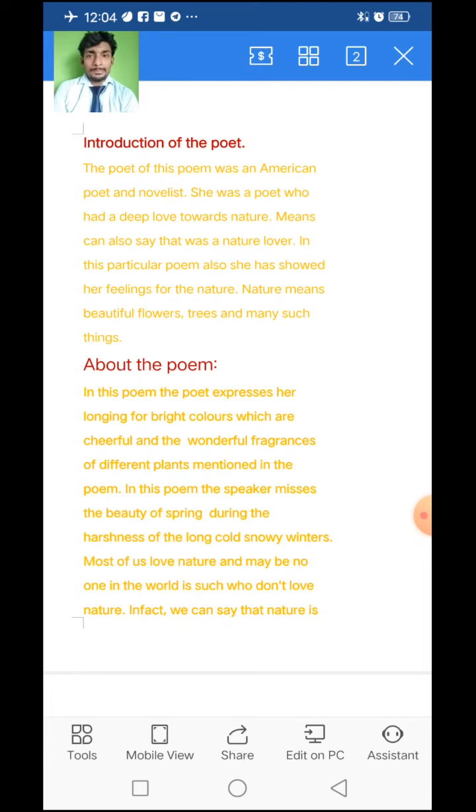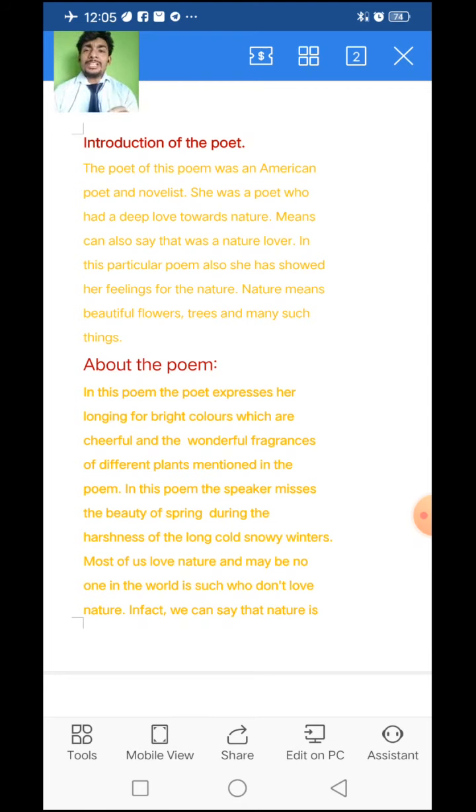In this particular poem also, she has shown her feelings for nature. In the whole poem of three stanzas, she has shown different elements of nature very beautifully.